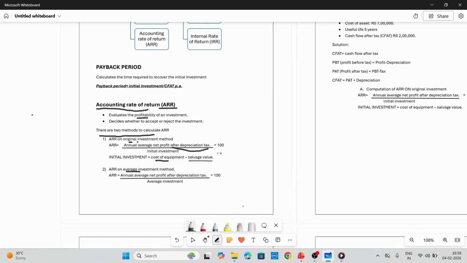Salvage value is nothing but scrap value. Divided by initial investment into 100. And in the second method, ARR on average investment method, ARR is equal to annual average net profit after depreciation and tax divided by average investment into 100.